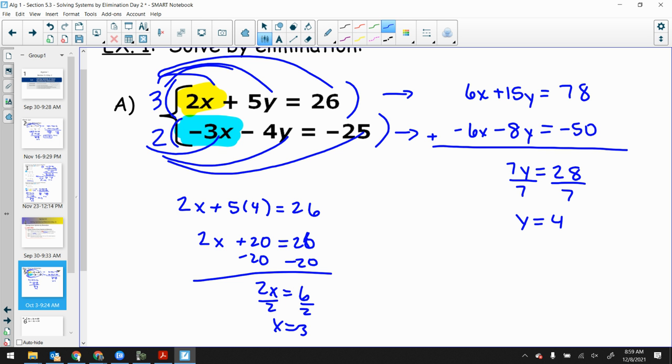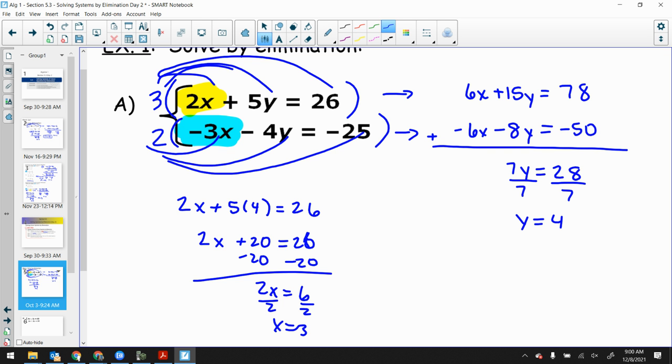Yes? Why are we plugging it into the equation that's multiplied by 3 or 2? You can. You could plug it in to the originals or these equations, because aren't these equations just scaled up versions of the originals? So it doesn't really matter. I like to go into the originals because they're the scaled down versions.